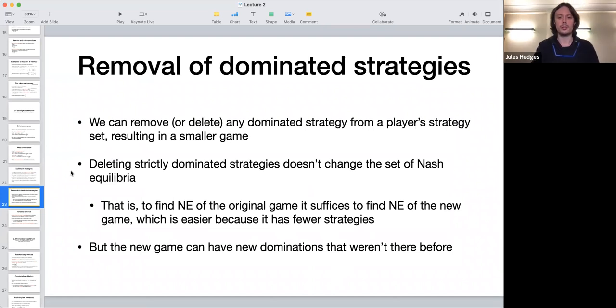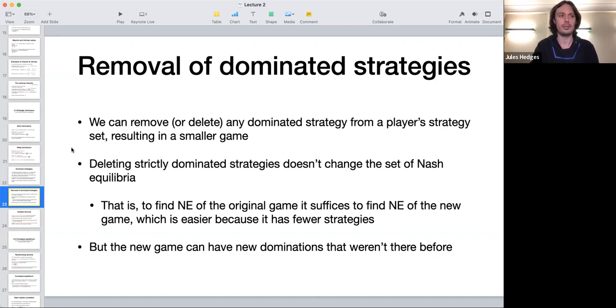Okay, so we can do a thing called removal or deletion of dominated strategies. Namely, if a player has a dominated strategy, we can just ignore it. It essentially plays no role in any game theoretic analysis because the player will never play it under any condition. So we can form a smaller game just by throwing some strategies out.